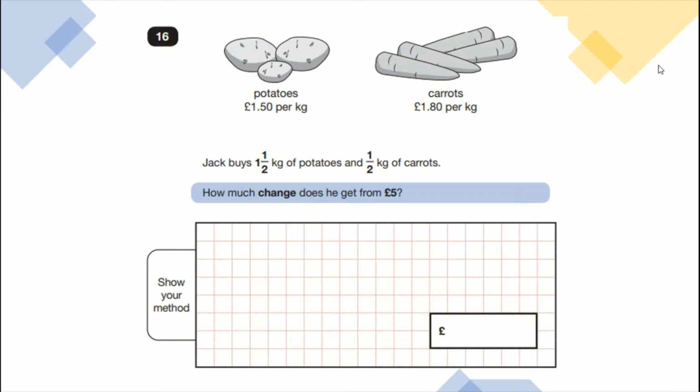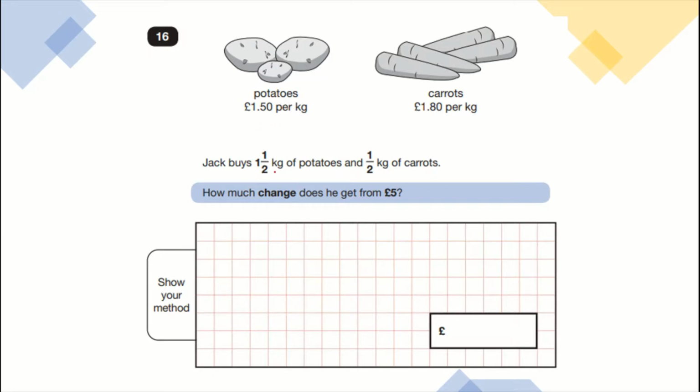Question 16. Jack buys 1.5 kilograms of potatoes and half a kilogram of carrots. How much change does he get from £5? We're going to start by working out 1.5 kilograms of potatoes. 1 kilogram costs £1.50.